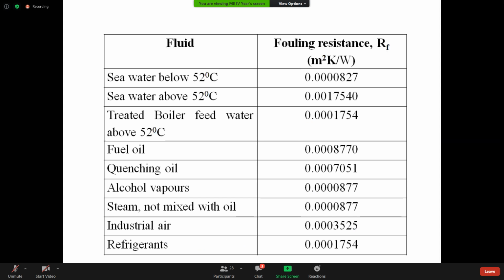These are the fouling resistances, very small resistances. For example, sea water above 52 degrees centigrade and below 52 degrees centigrade, these are the values. Fuel oil, quenching oil, steam not mixed with oil, like that, very small factors, but they have some influence. That's the reason we are supposed to add this resistance. Right, that will be given.